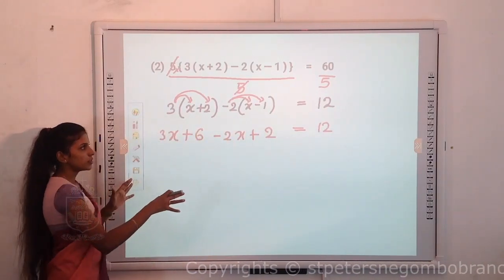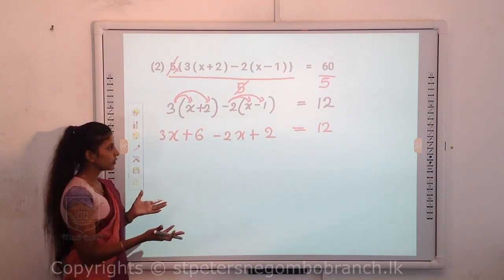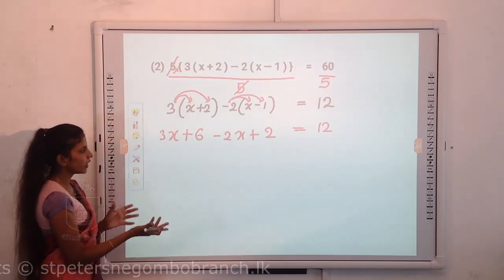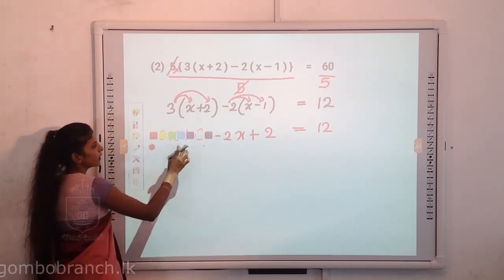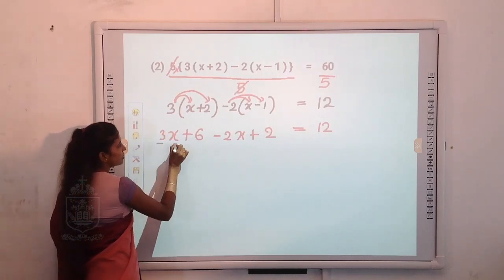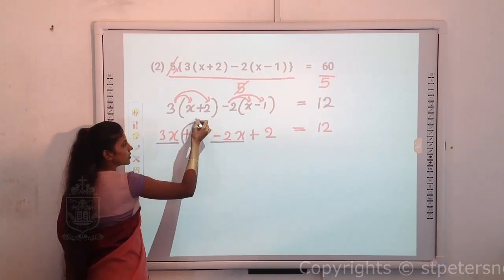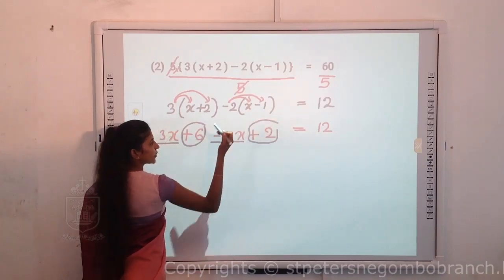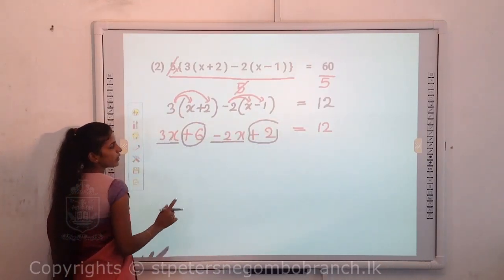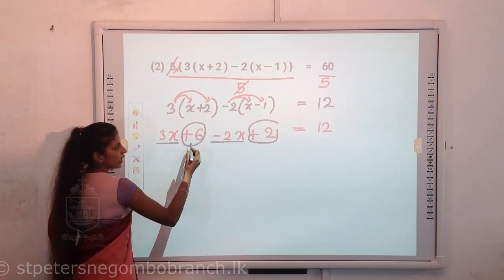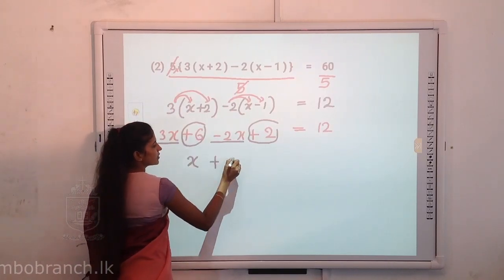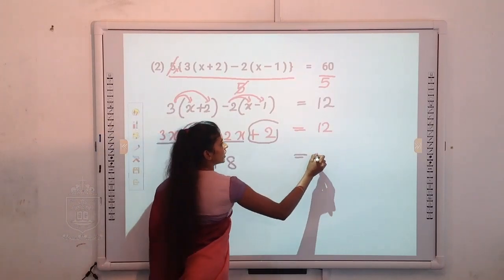Now in this expression, you all can see brackets have been removed and some like terms are there. So you have to simplify the like terms. What are like terms? 3x minus 2x are like terms and these two are numbers. So you all can add them. 3 minus 2x, 1x is remaining and 6 plus 2, answer is 8 and what is remaining here 12.